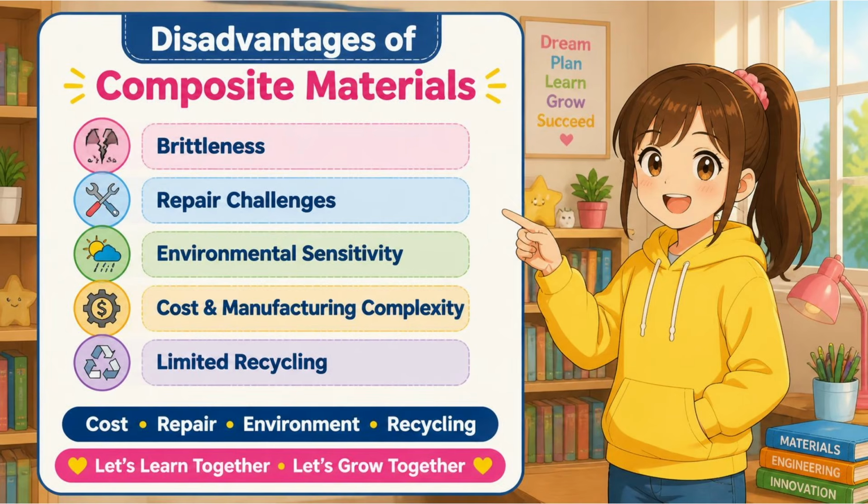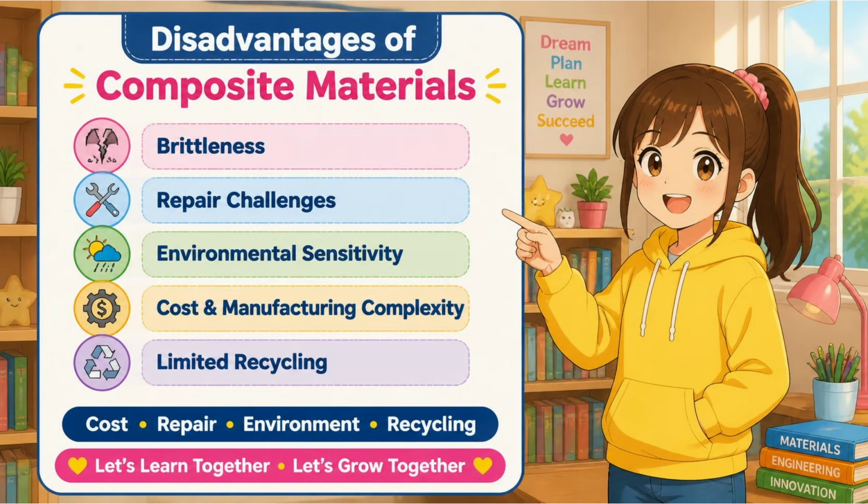The next one is environmental sensitivity. Some composites can be affected by moisture, UV radiation, high temperatures, chemicals, and solvents. So proper material selection is very important. The next is cost and manufacturing complexity. Advanced composites can be expensive because of the costly fibers and resins, the specialized equipment, the need for skilled labor, and strict process control.